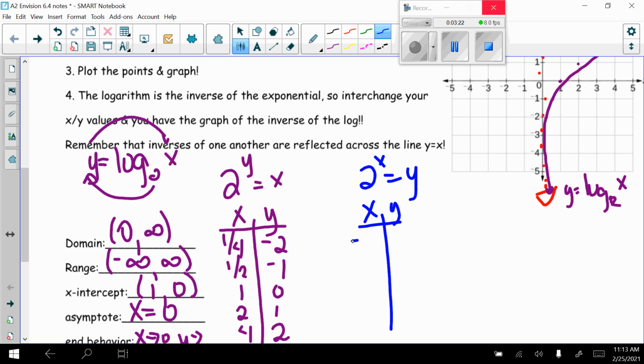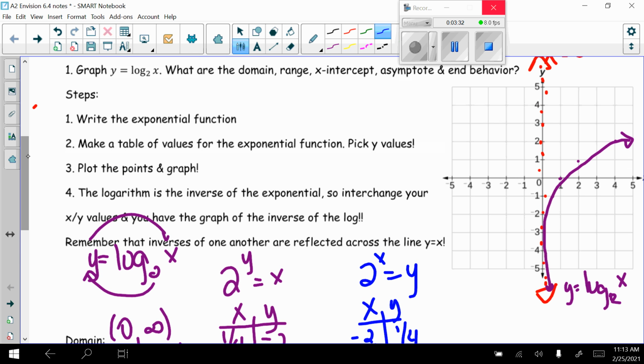In my x-y table, I'm just going to flip these, trade places. Graph this, so over -2, up a fourth; over -1, up a half; (0, 1); over 1, up 2; over 2, up 4.